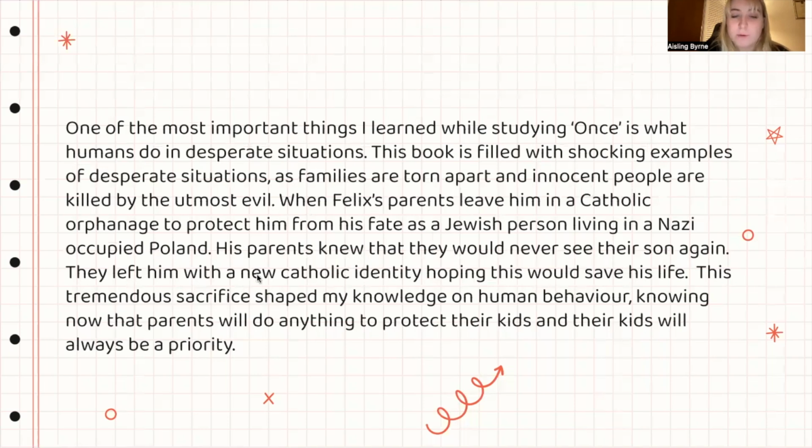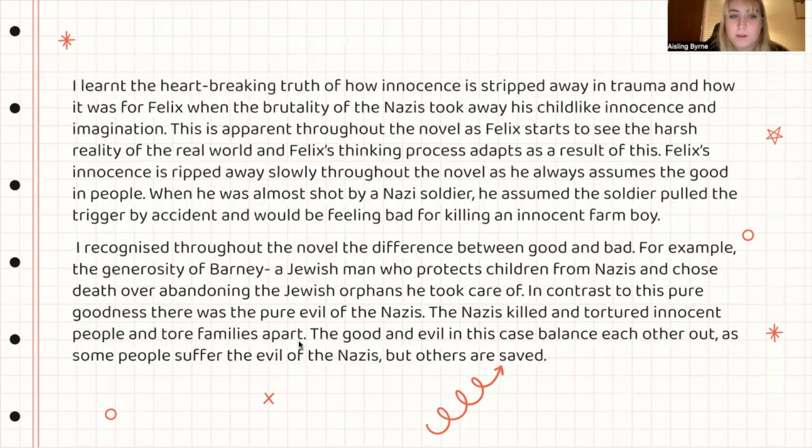They left him with a new Catholic identity, hoping this would save his life. This tremendous sacrifice shaped my knowledge on human behavior, knowing now that parents will do anything to protect their kids and their kids will always be a priority.